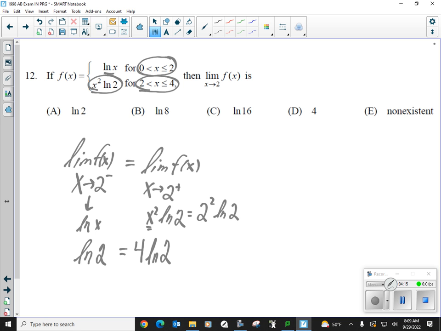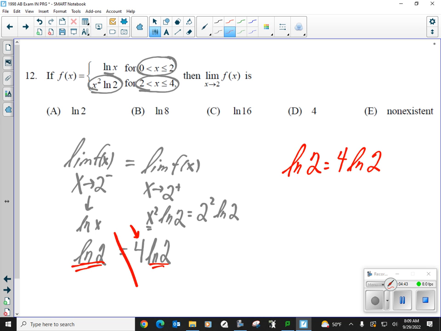Now, before you start telling me I need a calculator, I don't know what the ln of 2 is. Well, whatever it is, it's the same value here. If I multiply one side by 4 but do not multiply the other side by 4, there's no way they're equal. For those who don't understand that, let me use an algebraic way.